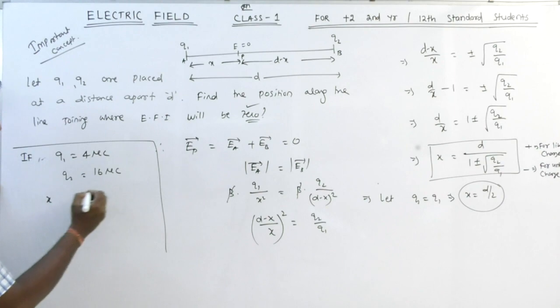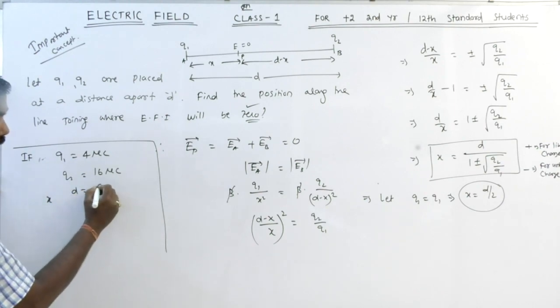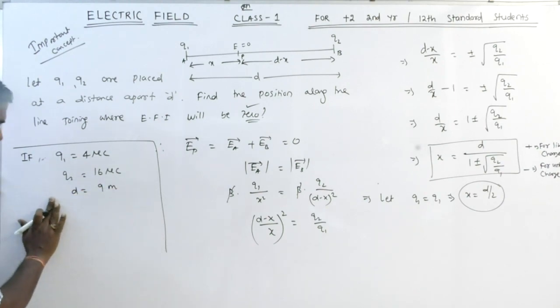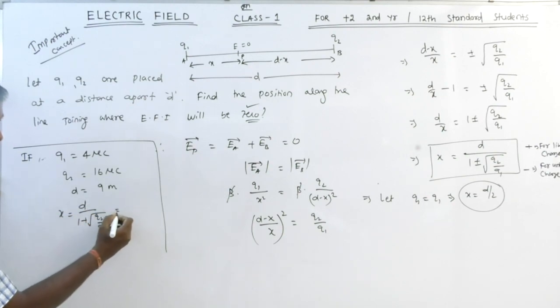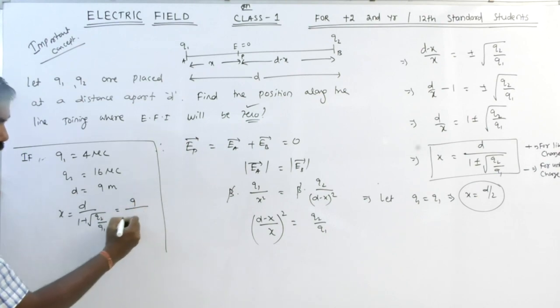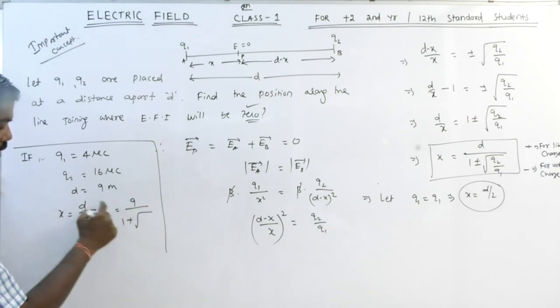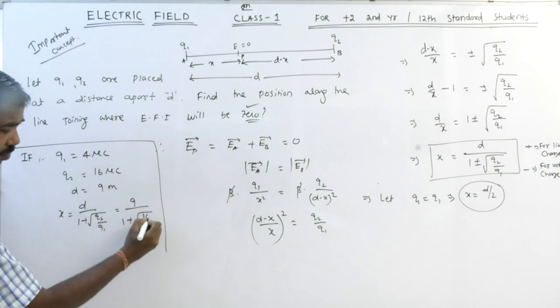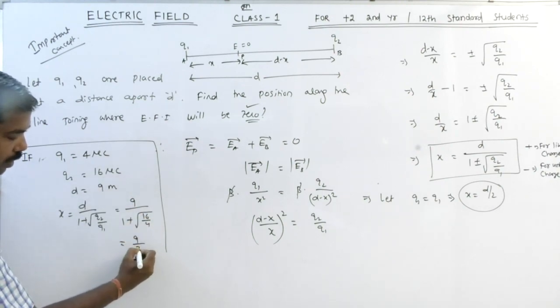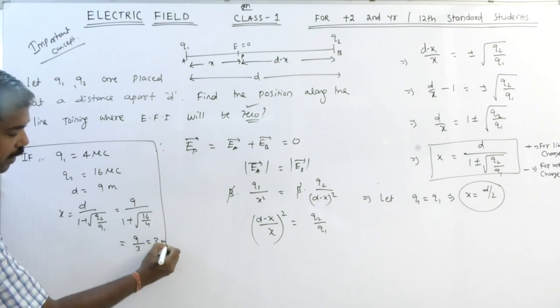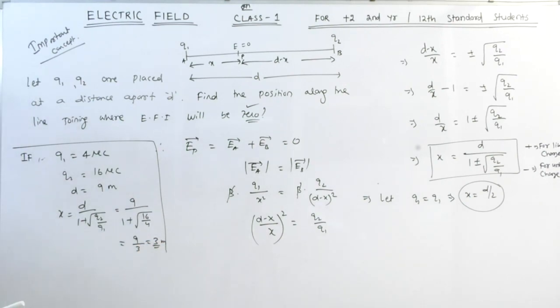Then they are placed at 9 meter. Then x is equal to d by 1 plus root over Q2 by Q1, or I can write 9 by 1 plus root of 16 by 4, that is 9 by 3 is equal to 3 meter. Clear?